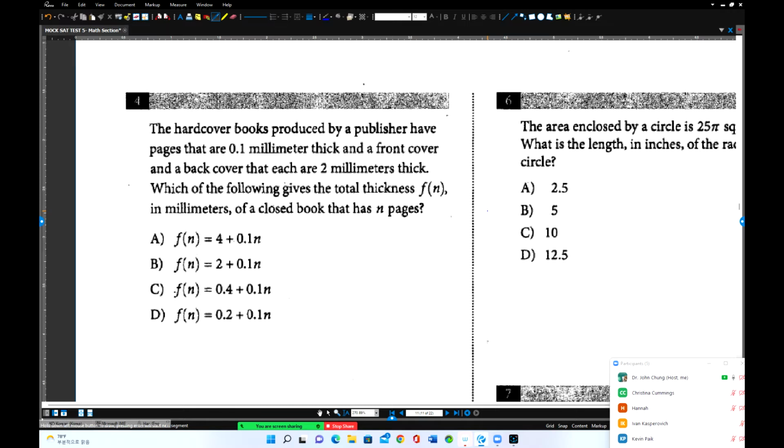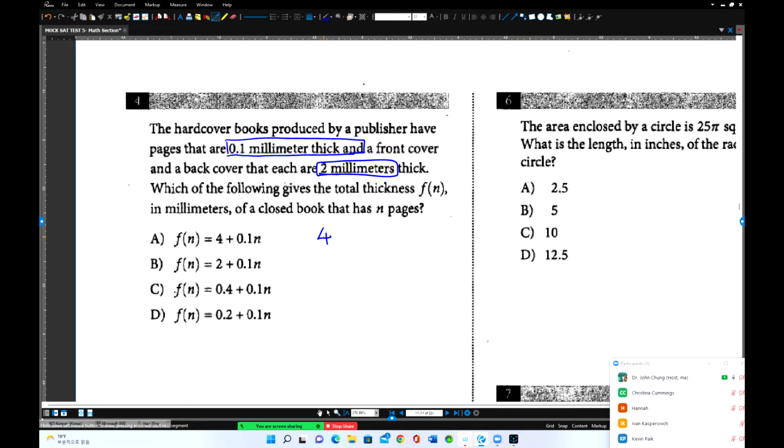Hardcover books produced by a publisher have pages that are 0.1 millimeter thick, inside the paper, but the front cover and back cover are each about 2 millimeters. Okay, in the book there is only one front cover and one back cover, right? 2 millimeters each. So total is how much? 2 times 2 is about 4. Okay, that is it.